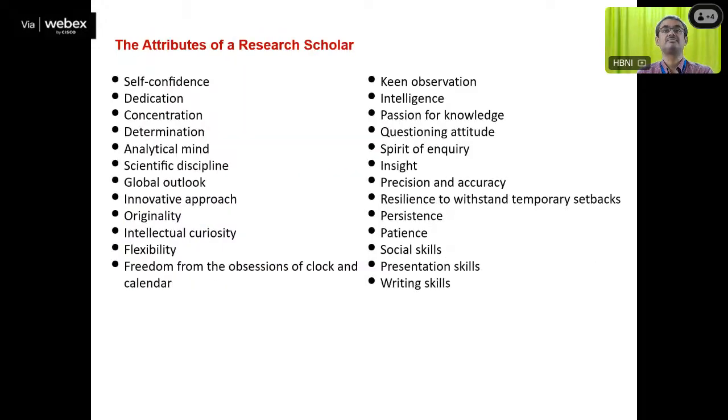And finally, we come to the attributes of a research scholar. These are all attributes we as researchers should possess. If we lack in some area, we should give some time to improve upon it. So first is self-confidence. This is one of the major attributes of a research scholar. We should have a lot of self-confidence, and then dedication.